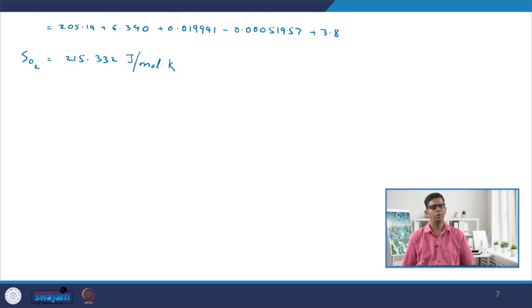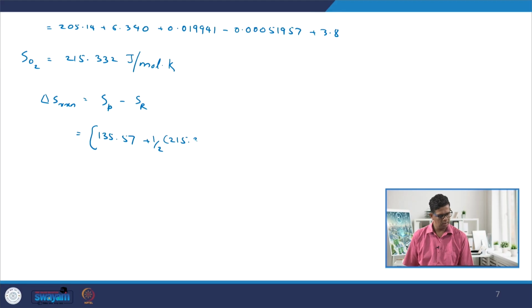So, now that we have found out the entropies, let us find out the entropy of the reaction. The entropy of the reaction is the entropy of products minus entropy of the reactants. So, entropy of product is your those two gases. So, we have to take into account their entropies, which is 135.157 plus half of 215.332, half, because we have half mole of oxygen being generated and 1 mole of hydrogen.